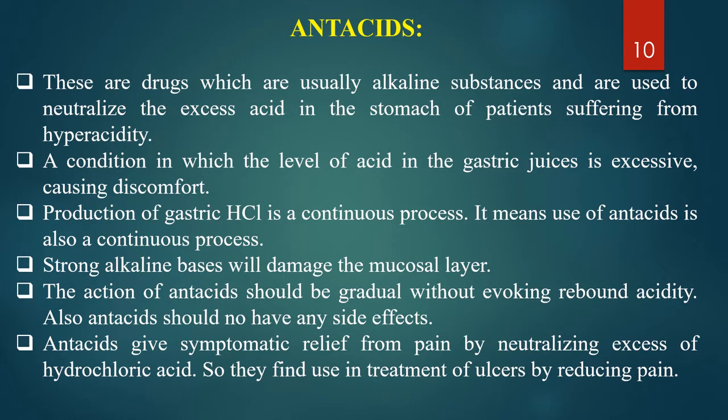Production of gastric HCl is a continuous process. It means the use of antacids is also a continuous process. Strong alkaline bases will damage the mucosal layer. The action of antacids should be gradual without evoking rebound acidity. Also, antacids should not have any side effects.